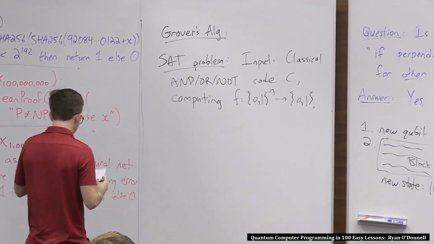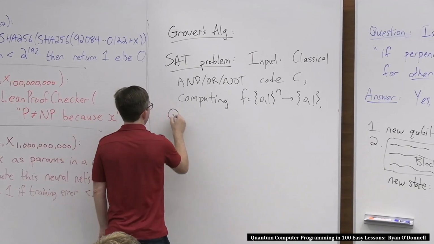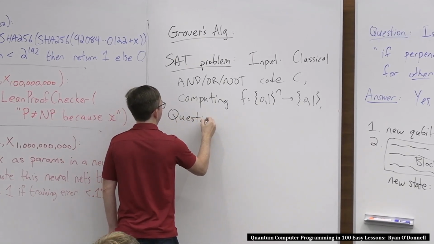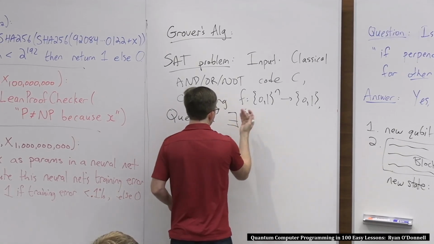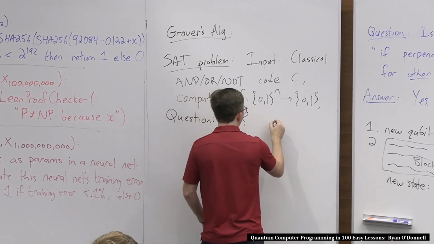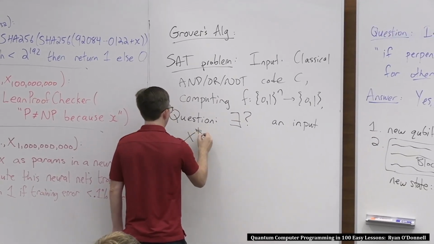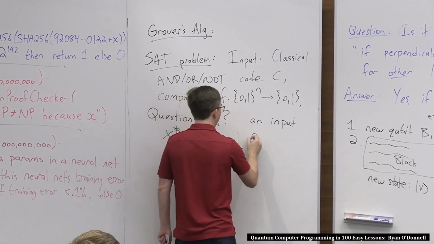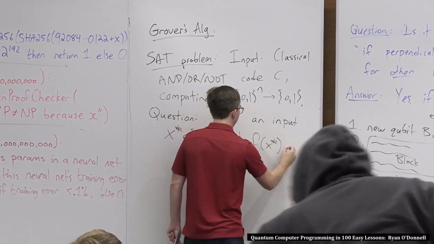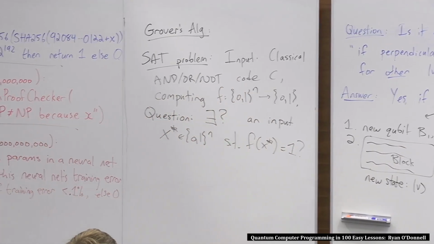And the question is, is there an input string where f outputs 1? Does there exist an input x star such that f of x star equals 1? Or is f literally the all zeros function?